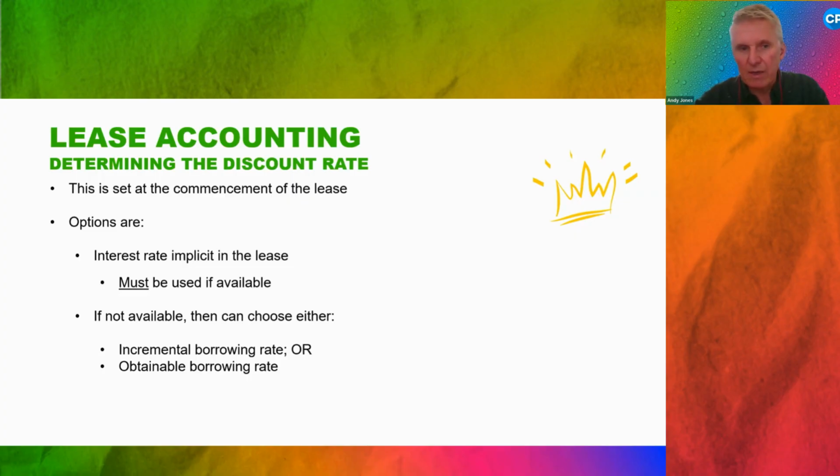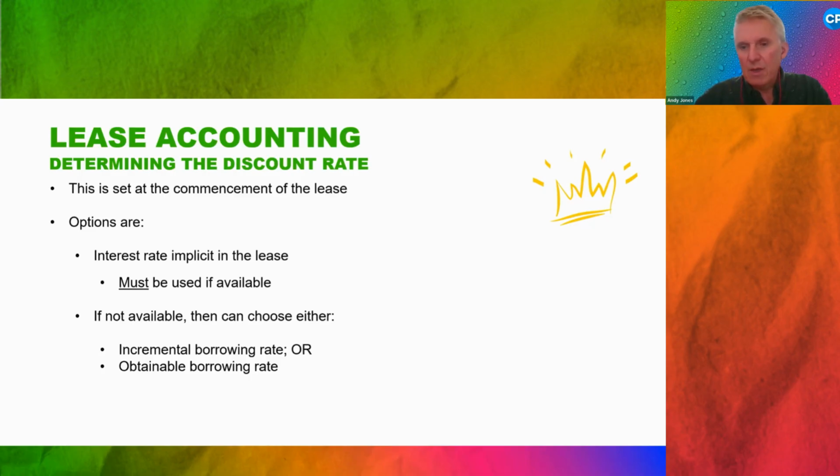So if you've calculated a right of use asset of £1 million, what would be the interest rate on borrowing funds to obtain the use of an asset of £1 million? If you've already got borrowings with the bank, this could be quite easy to just ask your bank about.